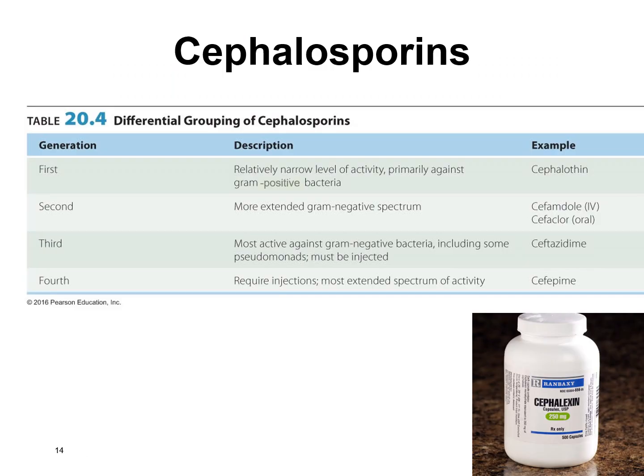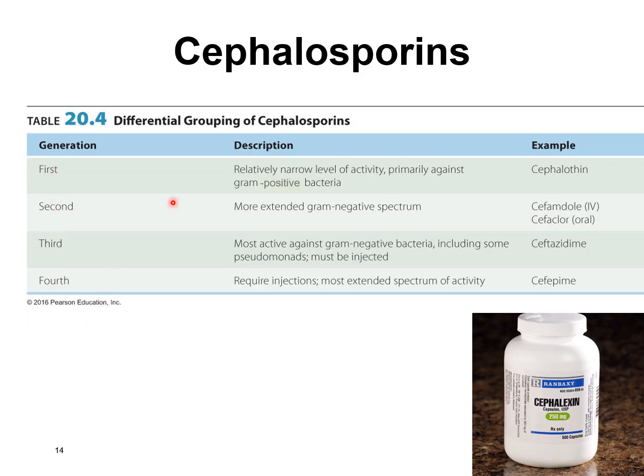There's actually 5 generations of the cephalosporin antibiotics now. The first generation of an antibiotic is always the oldest, and it's going to be the most narrow spectrum. And then they keep developing newer generations because they want to make them more broad spectrum. And usually what they're trying to do is they're trying to get more gram negatives.